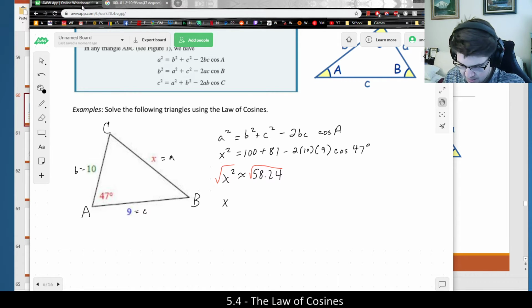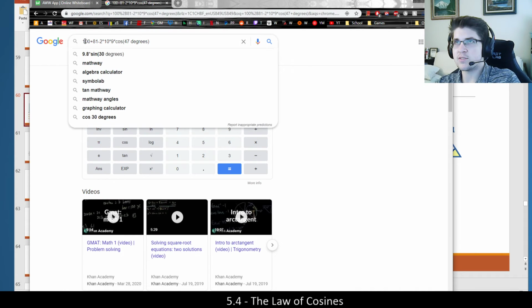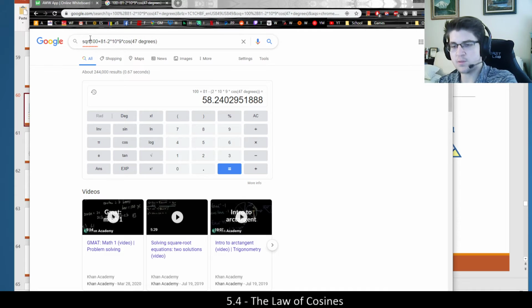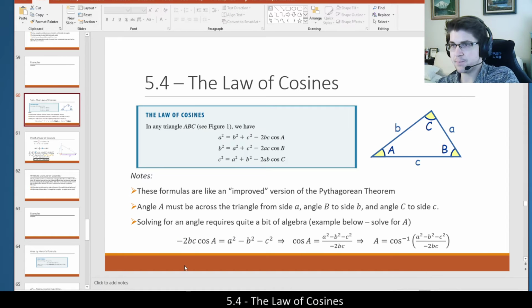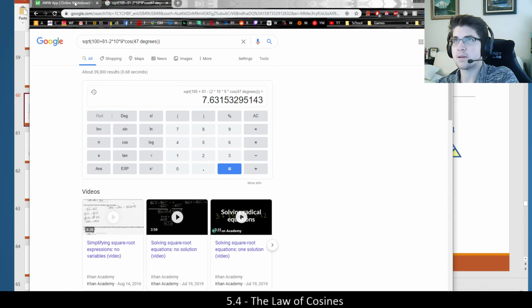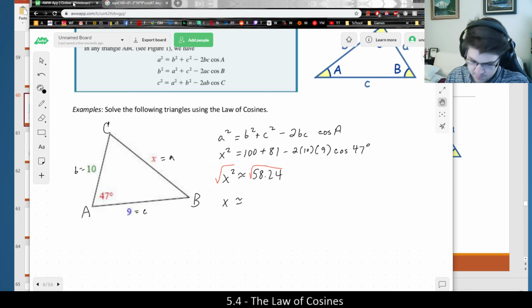So x is now approximately the square root of that answer. So I could just put this all into a square root, like so. And that would give me about 7.63. Again, ignoring the negative answer because it's obviously a positive solution.